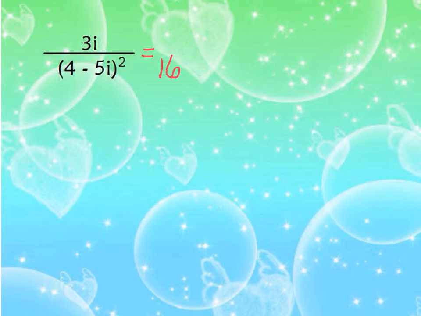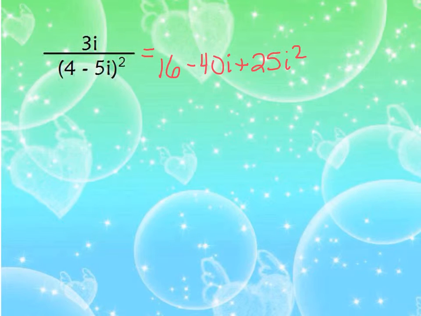You multiply the 2 and double it, so it's a 20i, so it's going to be a negative 40i. And then the last is squaring the last number again, so it's going to be a positive 25i squared. Now, if you are stuck on doing FOIL, that's fine. Go do your FOIL. You should end up with the same thing once you simplify it.